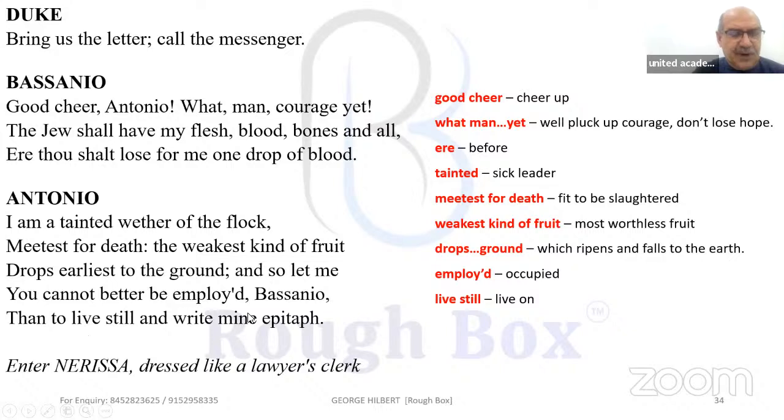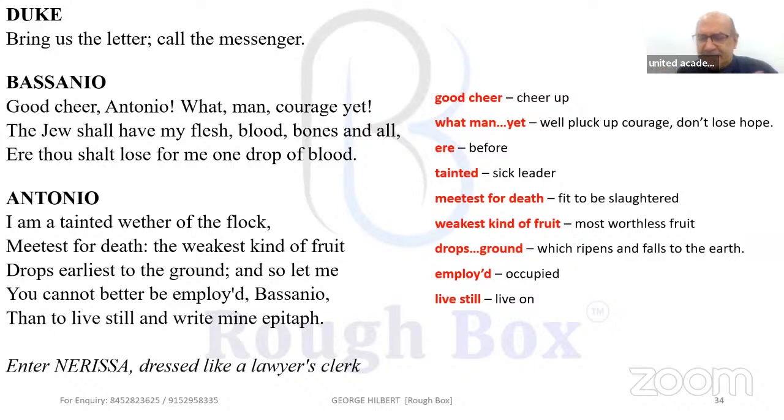You cannot be better employed, Bassanio. I would like you, Bassanio, to continue to live on and write mine epitaph and write the wordings on my tombstone. Okay, I don't know if you have ever been to a Christian graveyard, or a Muslim graveyard.